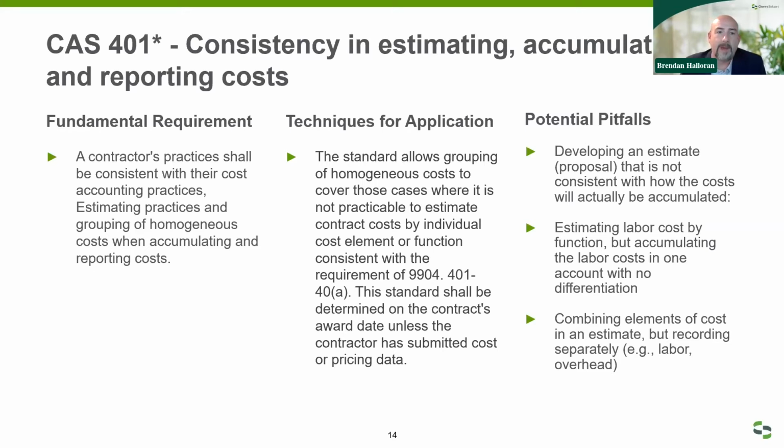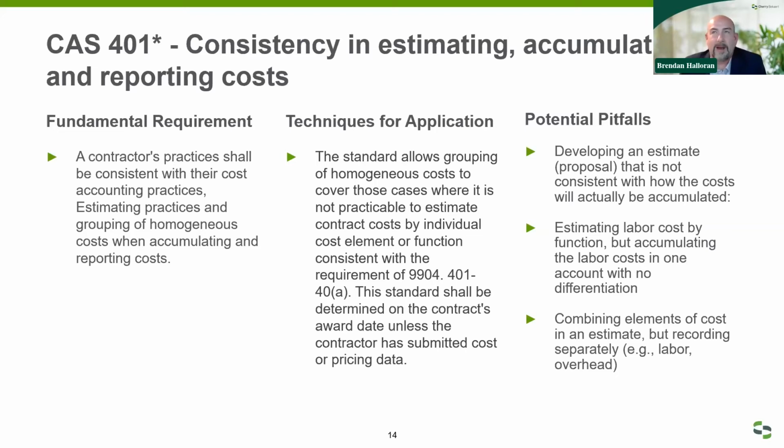So I think we want to focus a little bit just on some of what potential pitfalls or typical hiccups might be for contractors with that. And so one instance is that you might be estimating a labor cost by a level of granularity in your proposal, but you're accumulating that into one account in how you're actually accounting for it.